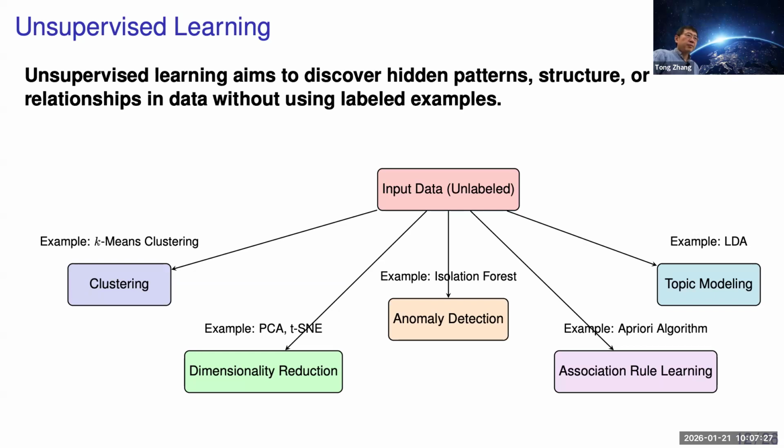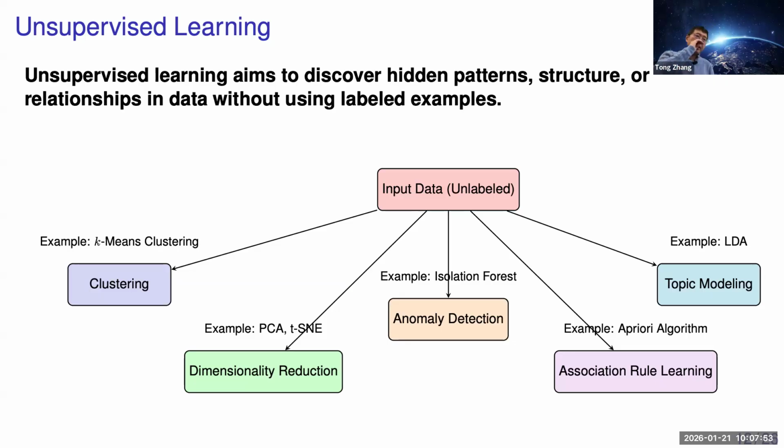But more examples are related to representation learning, which we will talk about in the last few, maybe last 3 lectures. Representation learning is closely related to dimension reduction; dimension reduction is a kind of representation learning.